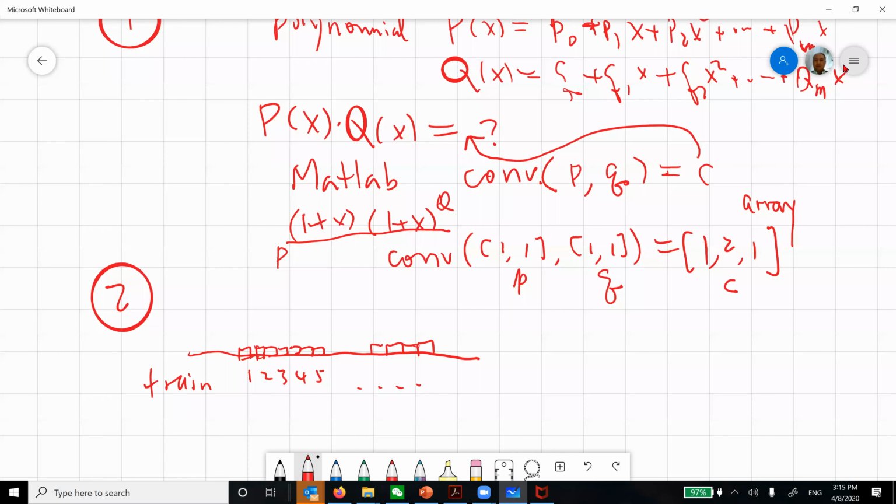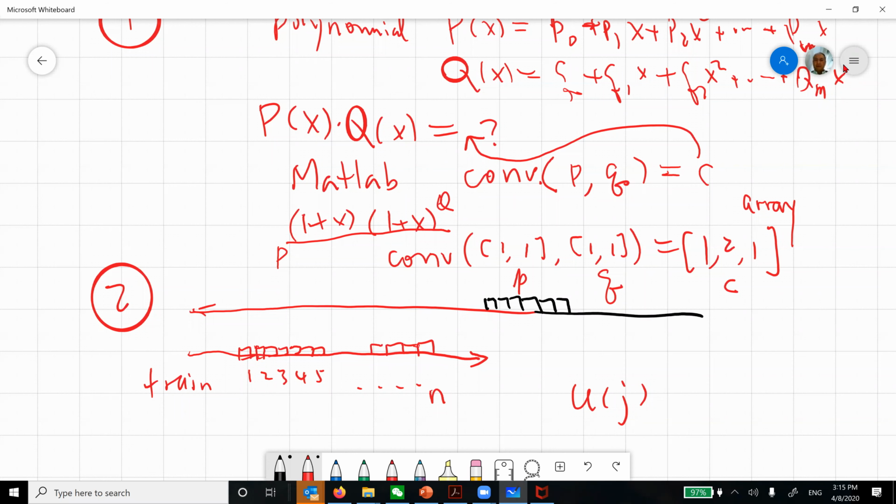So train box, so this is N. Okay, so in this case, let's say this is called UJ, okay, UJ. So this train is going this way, but there's another train but it's going opposite way. So it has different boxes in here. So 1, 2, 3, 4, 5, 6, until you have different train, okay, in here, okay.